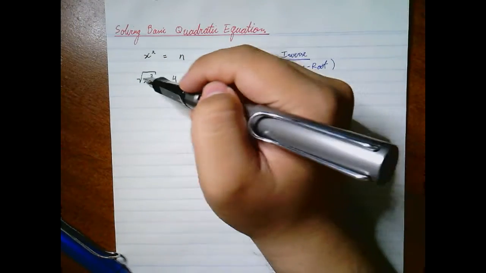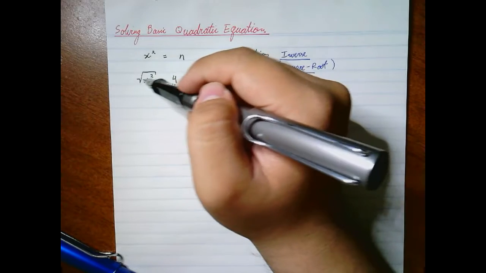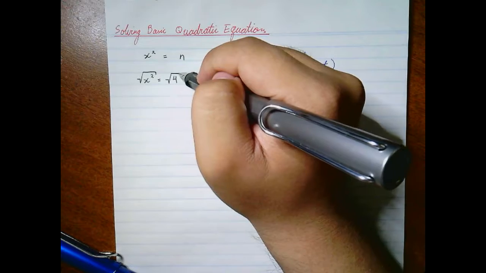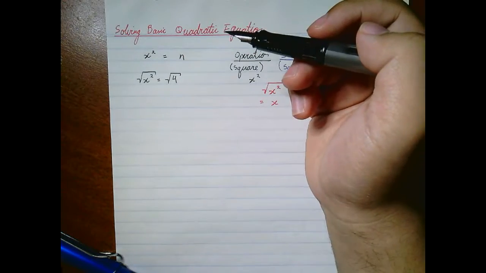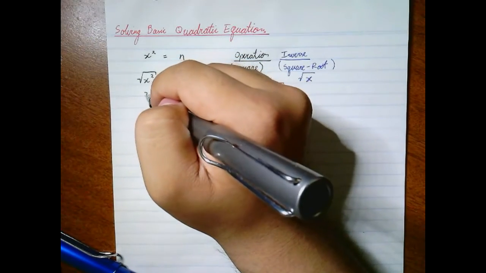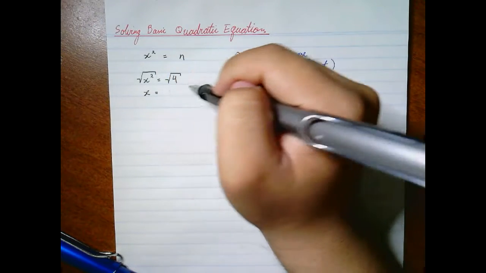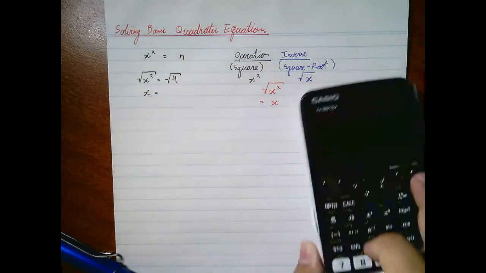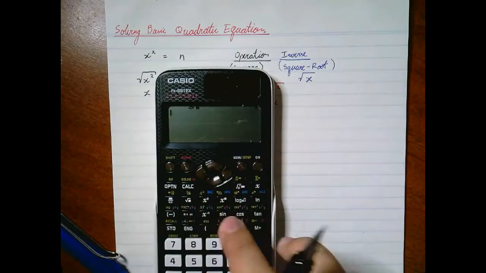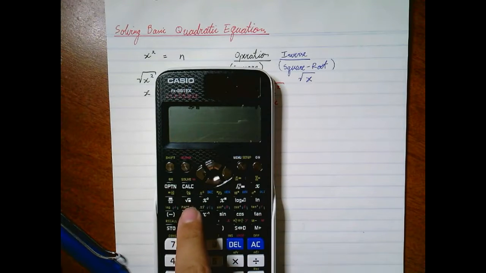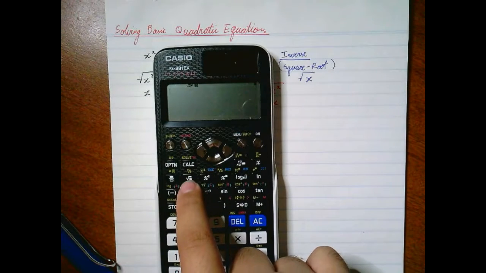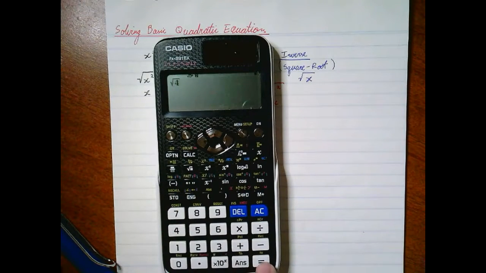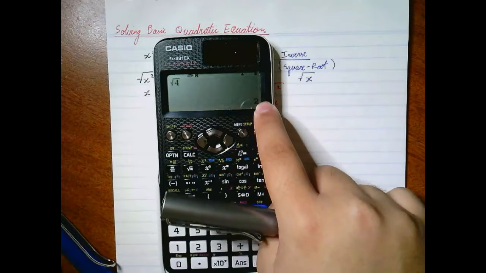But remember, like we said, if we apply something to the left, we must also apply it to the right. We get that result there. These two will cancel. We get x is equal to the square root of 4. In case you don't know, if you just type it into the calculator, there's a square root function, square root of 4, and if you press equals, you get 2.